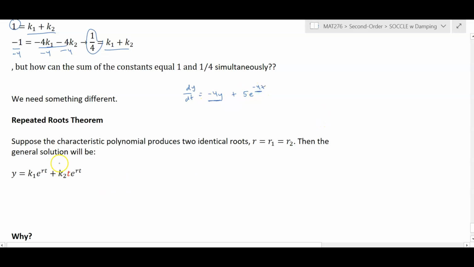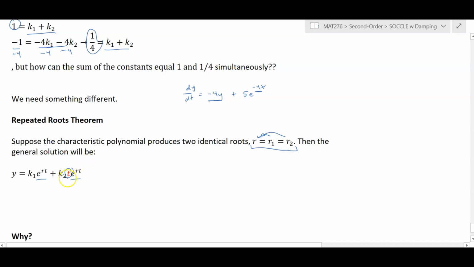We actually saw this type of solution. Well, all we're going to do is when we get two identical roots, r1 and r2, since they're going to be the same, we'll just call them both r to keep it simple. Then the solution will just be slightly modified. Instead of both being e to the negative 4t's, they won't both be there, but we're going to preface it with this coefficient of t in front of the second term.